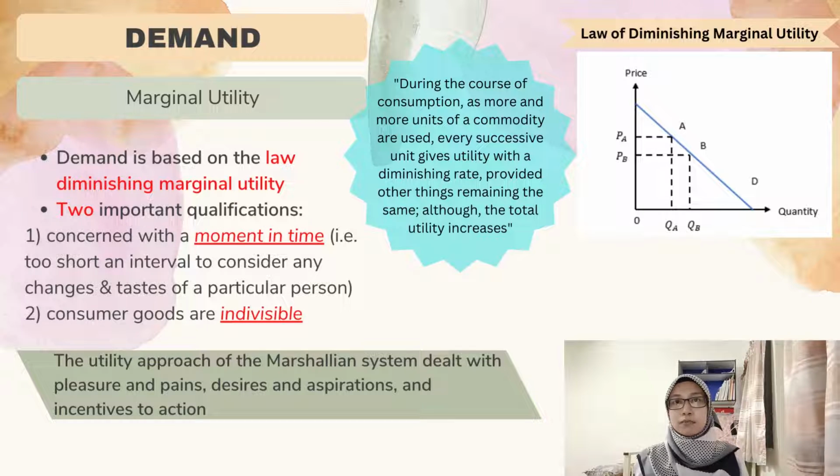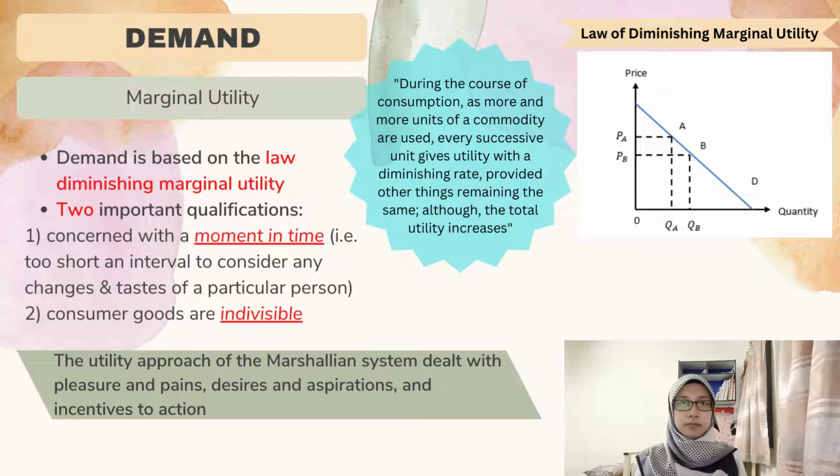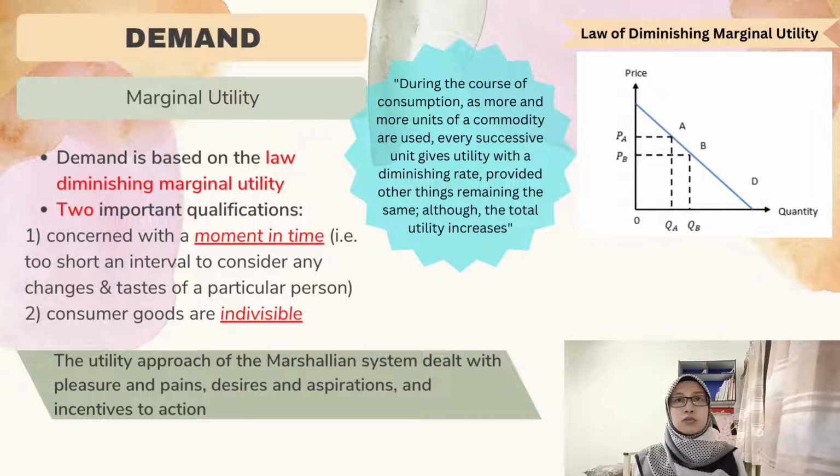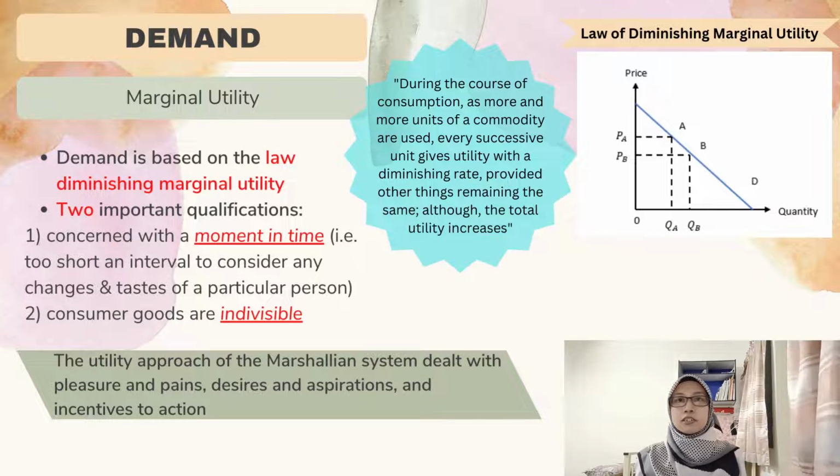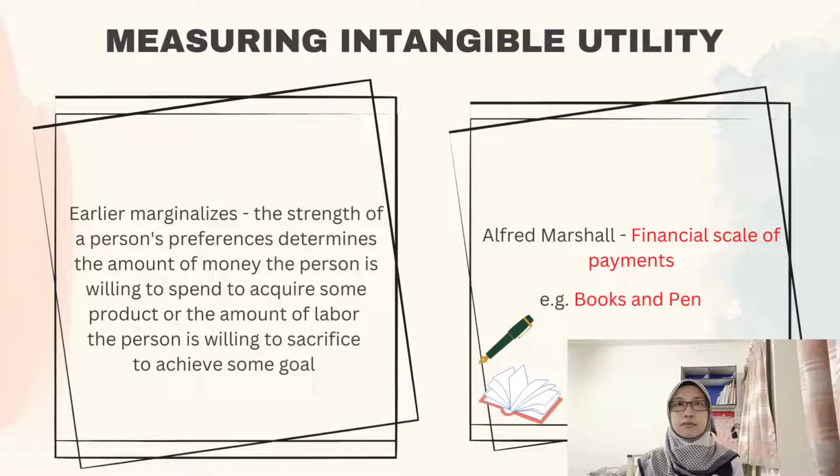He relates time to either the short or long run. For instance, too short an interval to consider any changes in character and taste of a particular person. While indivisibility, Marshall relates to quantities. For example, the fourth tire for an automobile will yield more satisfaction than the first three together.